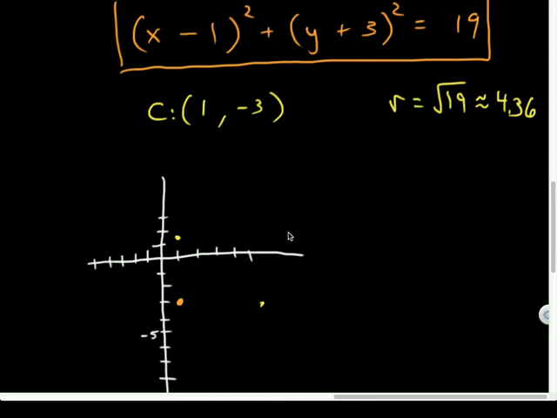So maybe my tick mark should go out to 6 on this side. And then I'm going to go down 4.36, so 3, 4, 5, 6, 7, plus a little bit more. Right there. And I'm going to go left 4.36. So there's 1, 2, 3, 4, and a little bit more.